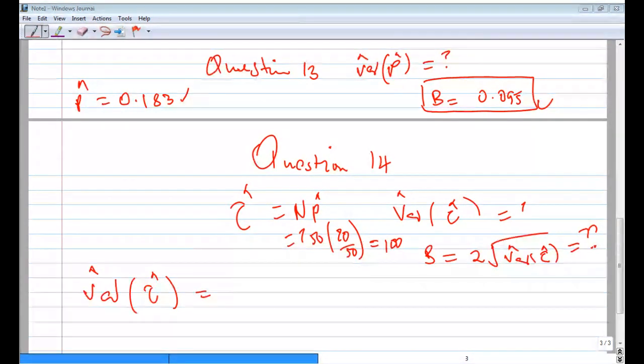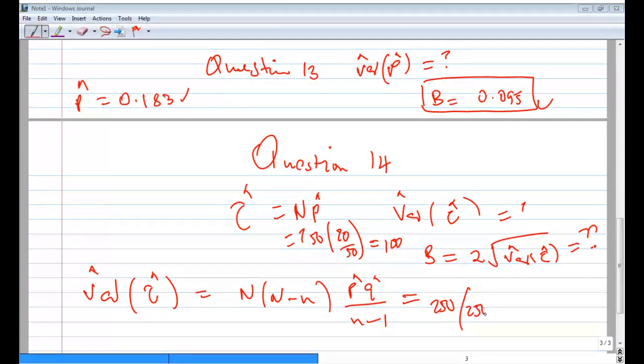It's capital N minus small n over capital N, times PQ over n minus 1. So the answer is what? Can it be 0.something? Remember, N is 250. Then open brackets 250 minus 50.